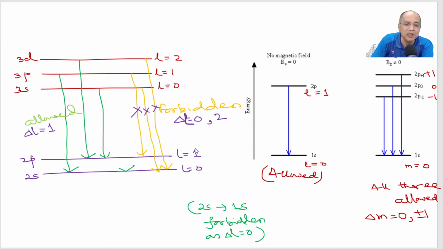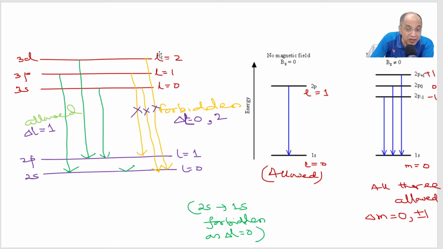Now, same thing I have repeated here in a very systematic manner. First talking about the subshells, because third shell has 3 subshells, S, P, D, having azimuthal quantum number 0, 1, 2, and second shell has 2 subshells, S and P. Let's see which are allowed, which are forbidden. 3p to 2p is forbidden, delta L is equal to 0. And this is 3s to 2s, again delta L is equal to 0.